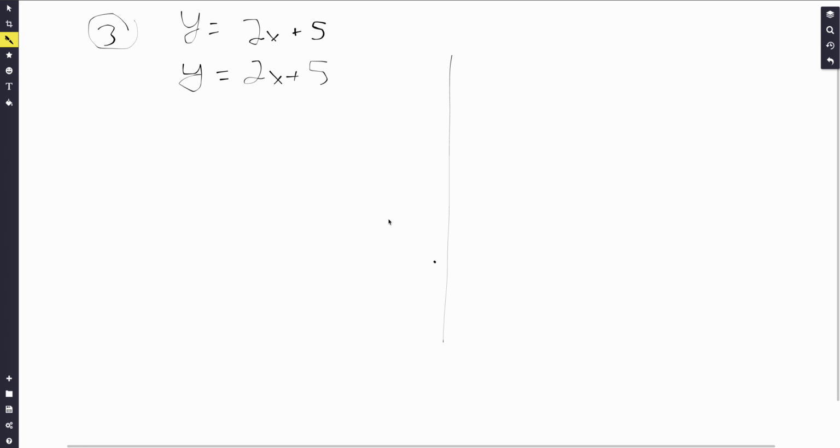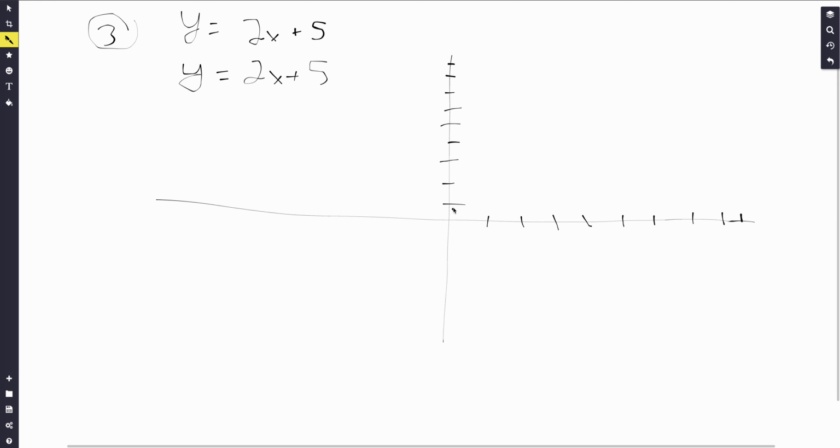Okay, let's draw our graph. Again, make a prediction of what you guys think this is going to look like. So 1, 2, 3, 4, 5, 6, 7, 8, 9. And 1, 2, 3, 4, 5, 6, 7, 8, 9. Okay. So we know the y-intercept is going to be 0, 5.